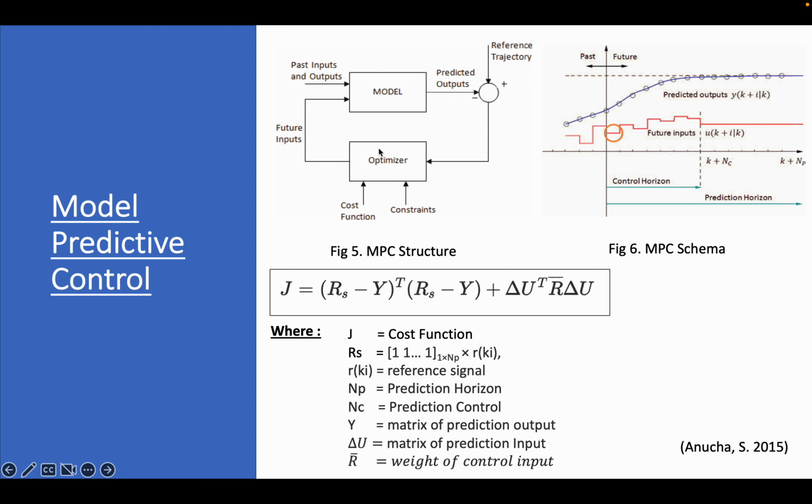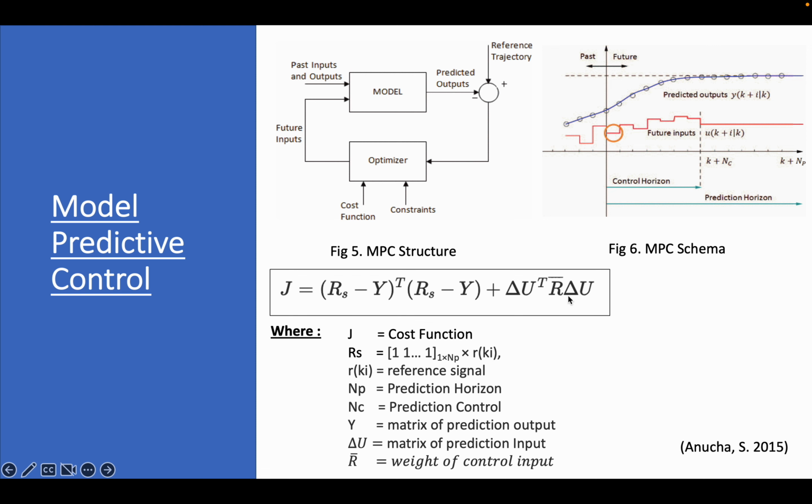For the optimizer, I use the cost function, which is J equals (Rs minus Y) transpose multiplied by (Rs minus Y), plus delta U transpose multiplied by R bar multiplied by delta U. Rs is the matrix of ones multiplied by the reference, Y is the output, delta U is the matrix of the predicted input, and R is the weight of the control input.